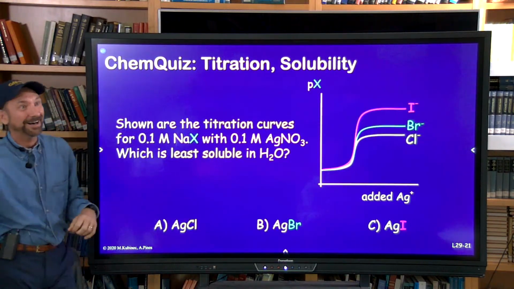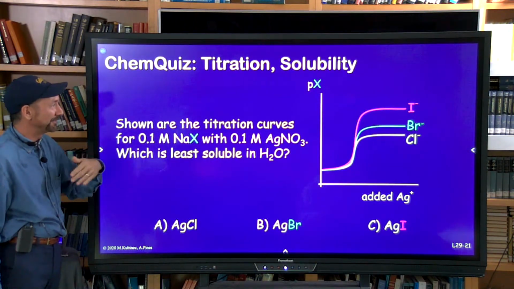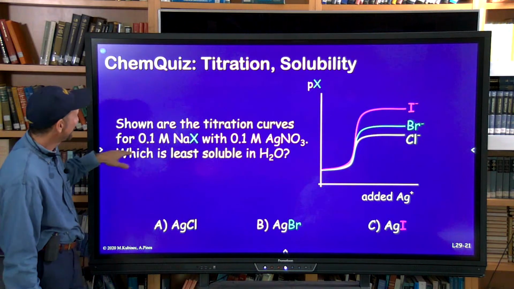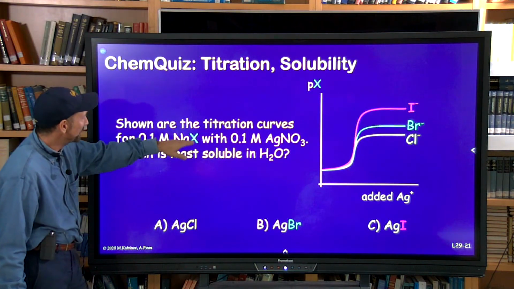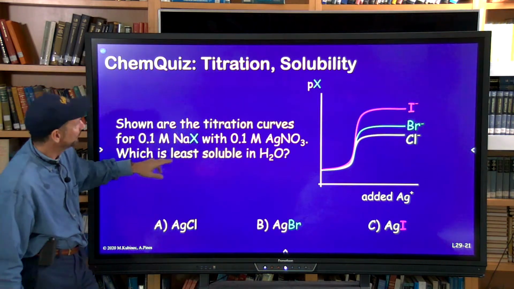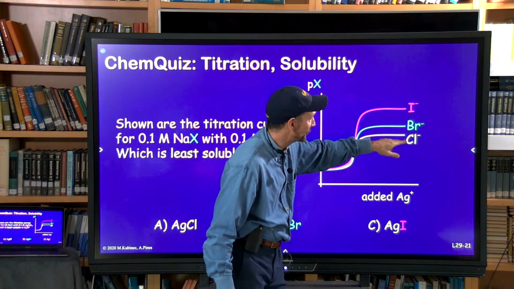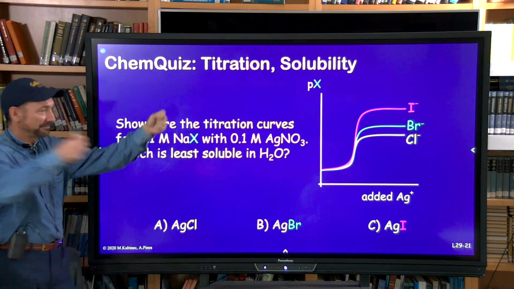Okay. This is fun too. Let's see what you think about this. Here are titration curves. So your sodium iodide, sodium bromide, or sodium chloride totally dissociates.